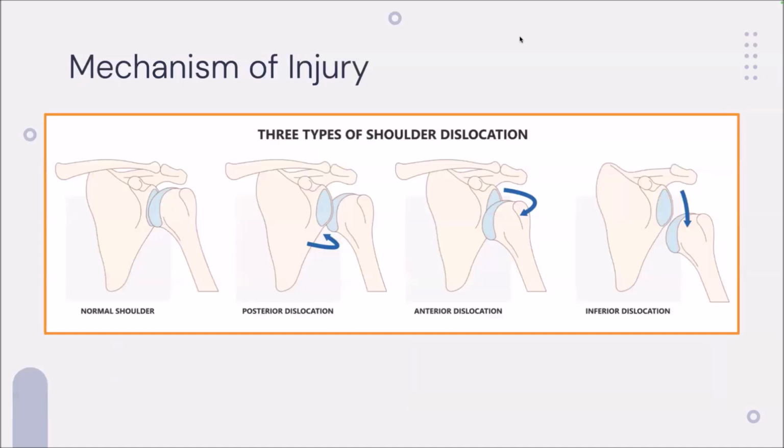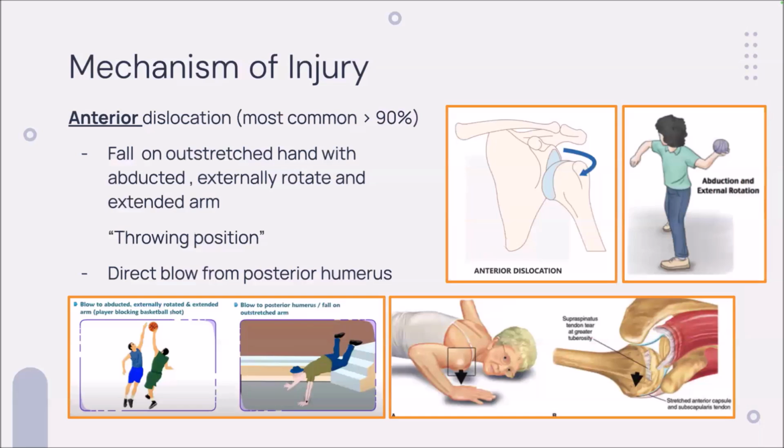So there are three types of mechanism of injury: anterior dislocation, posterior dislocation and inferior dislocation. Anterior dislocation is the most common one, about 90% of all shoulder dislocations.